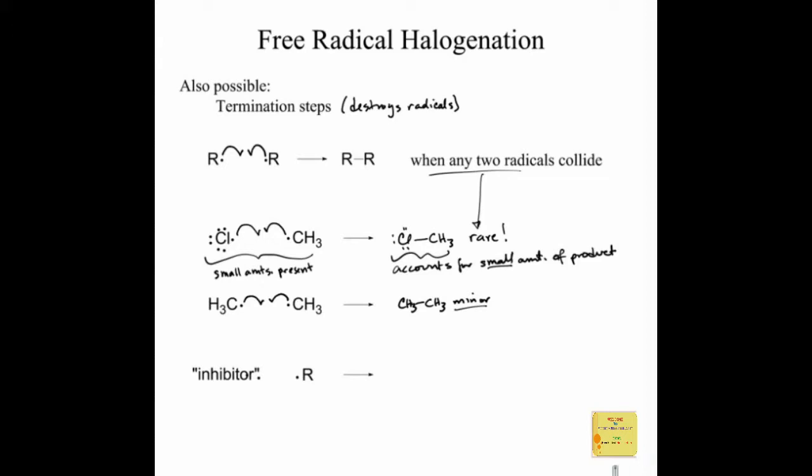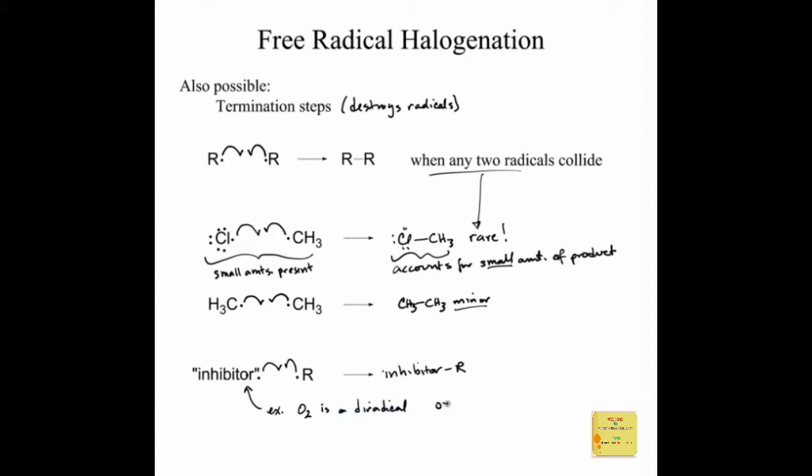Another reaction that would be a termination step is if you had some kind of inhibitor that could combine with a radical. That would form a bond and destroy a radical. So an inhibitor is something that can stop a radical chain reaction. An example of that is that oxygen gas is a diradical.